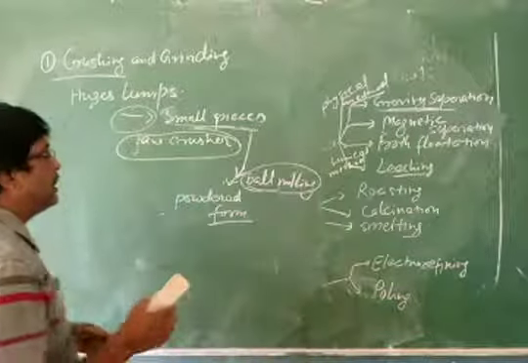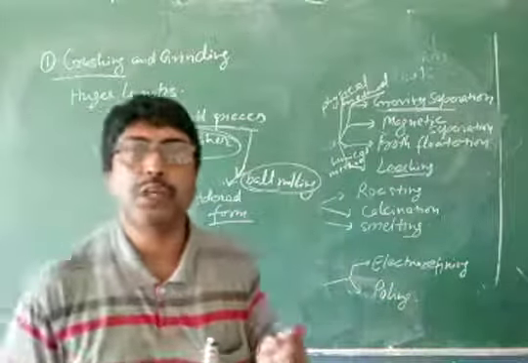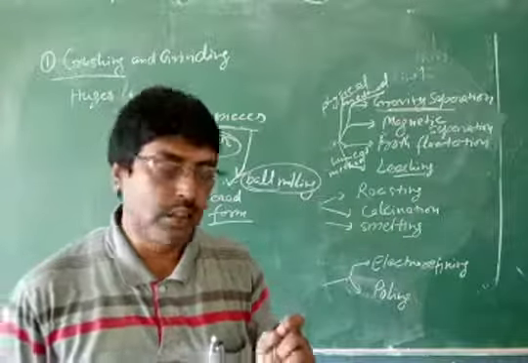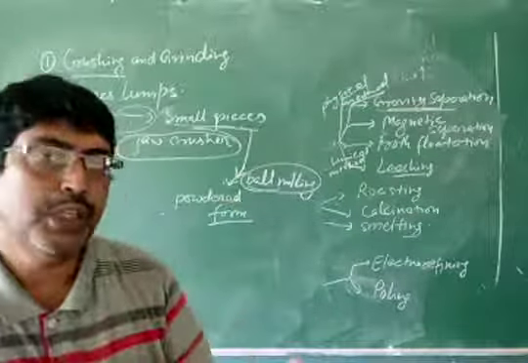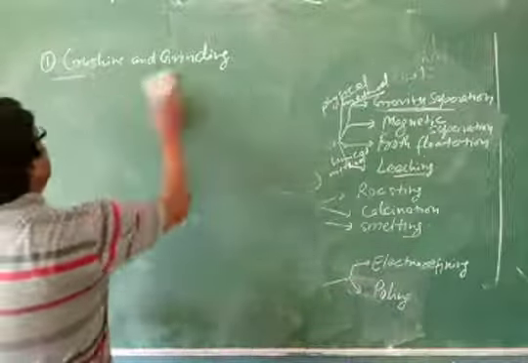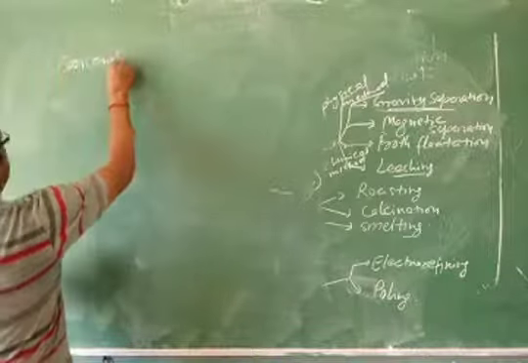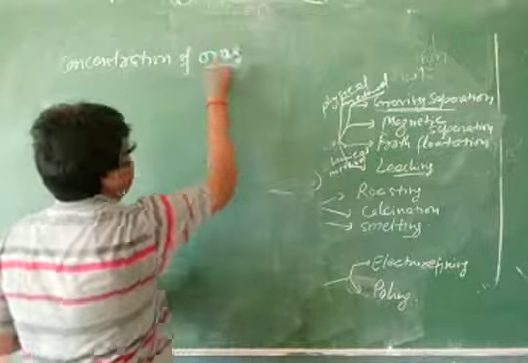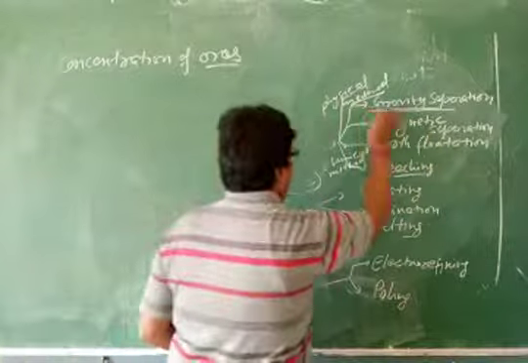These useless or unwanted particles present in the ore are called gangue. So we will remove gangue particles from the ore. So the next stage is concentration of ores. In concentration techniques, first we apply gravity separation.